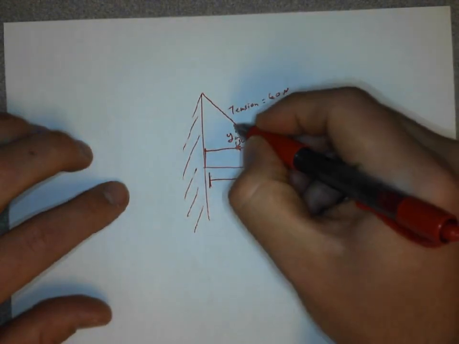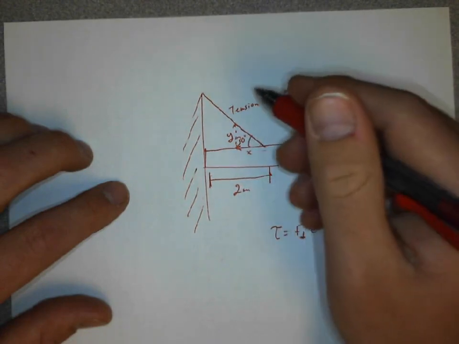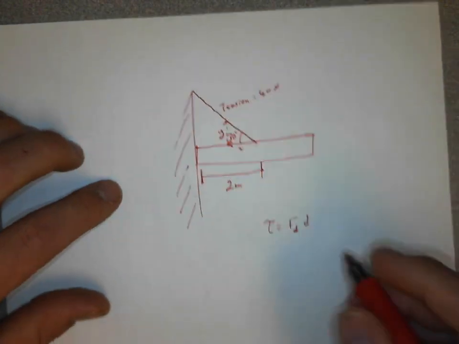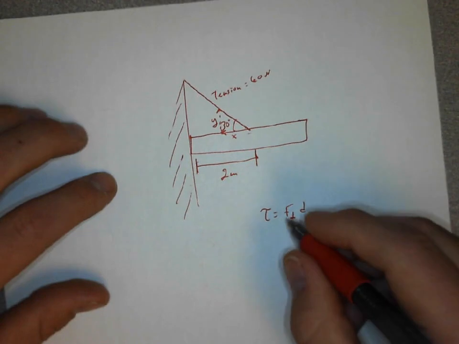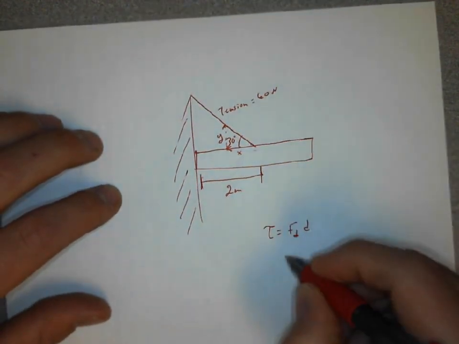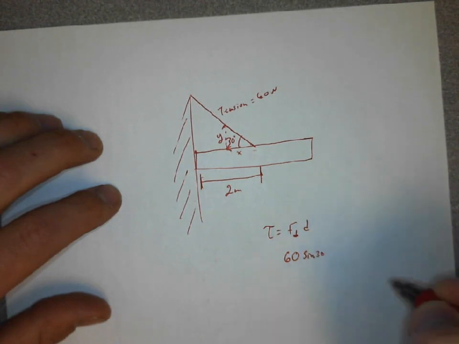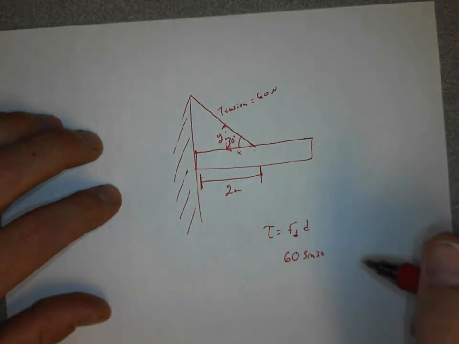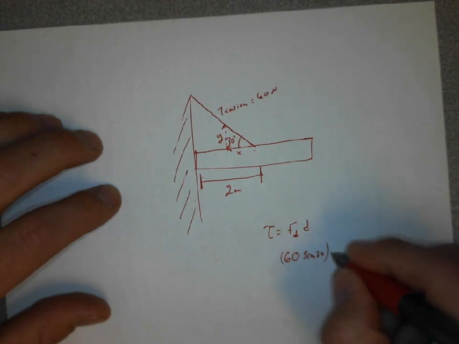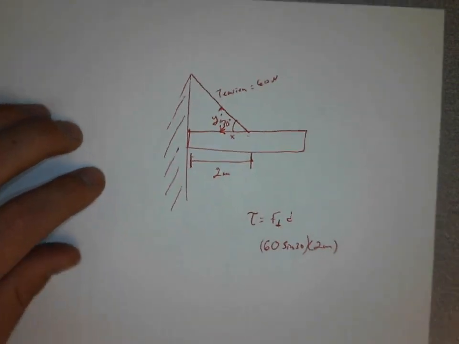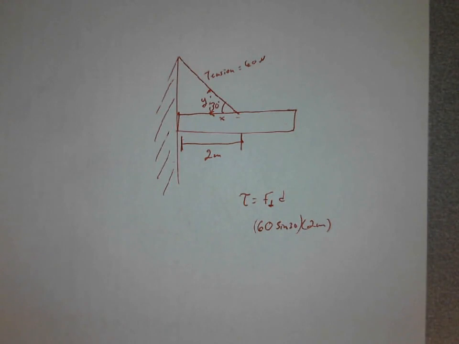But my y side is going at a right angle, it's coming up. So what you need to do here is 60 sine 30 to represent that perpendicular force, and then times that by your 2 meters to get your value.